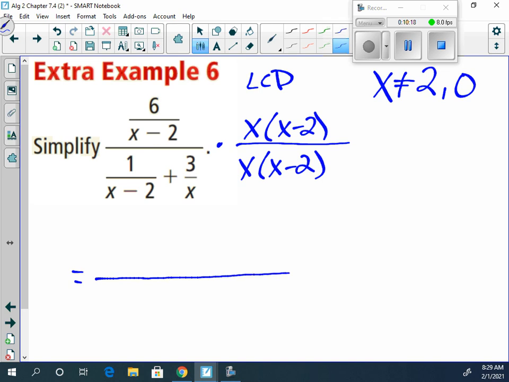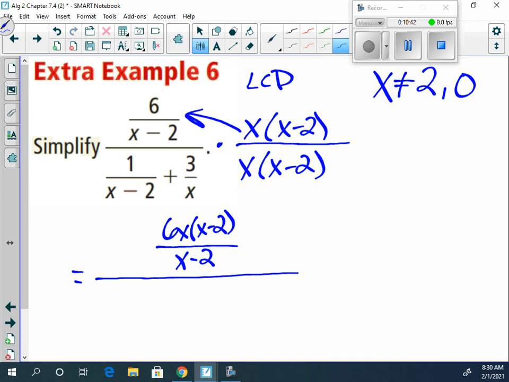So if I do this, and I'm going to rewrite it all out, on top, well, we're going to multiply. This is all multiplied by the 6, because it always multiplies by the top of the fraction. So I'd have 6x times x minus 2 over x minus 2, because we multiply by the top of that fraction.